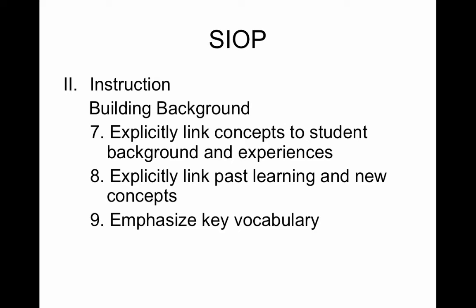We can explicitly help them make those links by asking questions like, who remembers what we did in the last lesson, or who remembers the last skill we did, or how does this skill that we're learning today, or this topic that we're going to be discussing today, relate to something we've already talked about, or maybe something you've learned about in another classroom, or someplace you've gone in your own life?